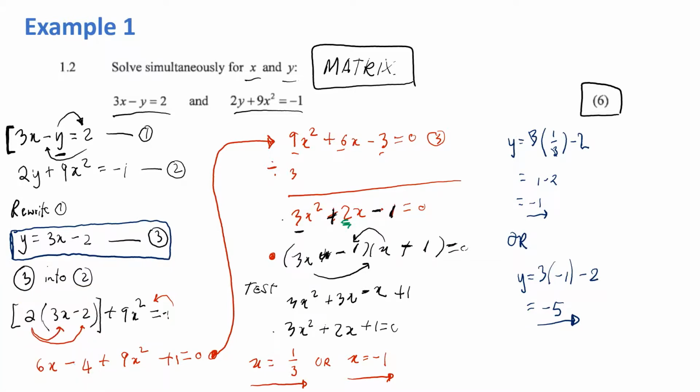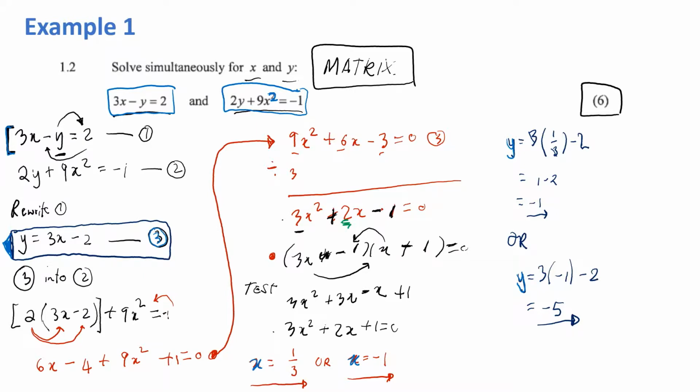Now I have simultaneous equations that I had to solve. Because there was a square root there, I knew that I would get 2 x solutions, and by default then also 2 y solutions. I had to just solve these equations simultaneously, and I did this by rewriting equation 1, and we named it 3.